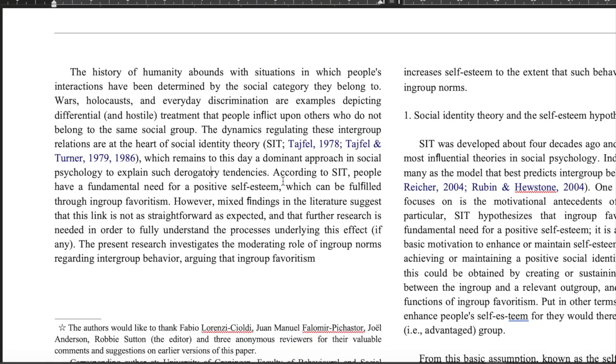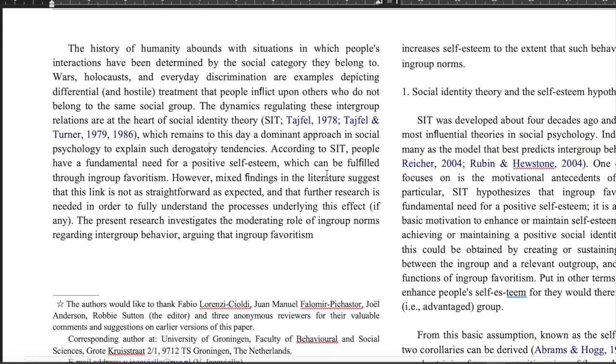And then he continues to elaborate on what the theory is saying about this phenomenon. According to SIT, people have the fundamental need for positive self-esteem, which can be fulfilled through in-group favoritism.